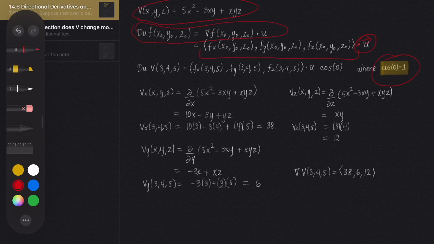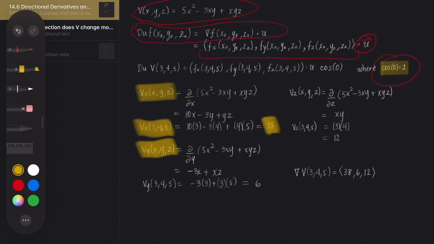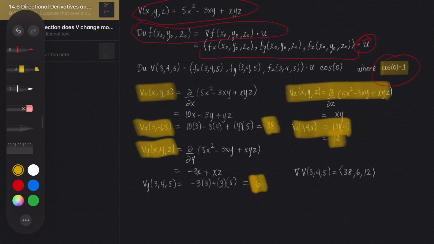So again, we take the partial derivatives, and then we evaluate at the point P, and the results are: when we take the partial derivative of the function with respect to x and evaluate at the point, we get 38, then with respect to y we get 6, and at last with respect to z we get 12.